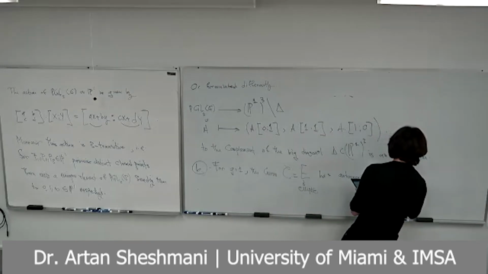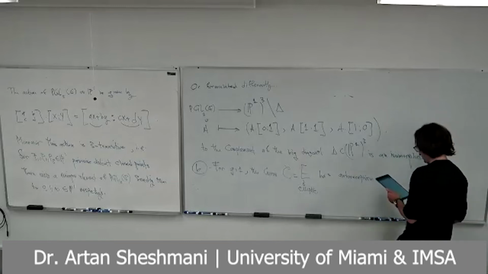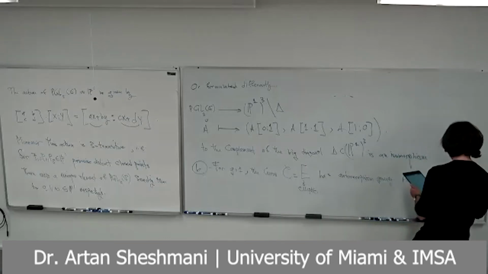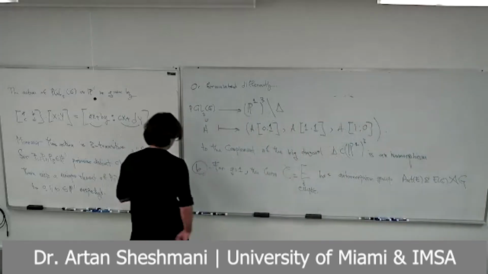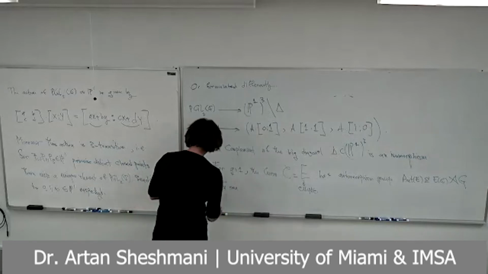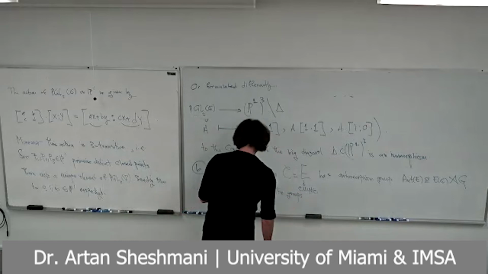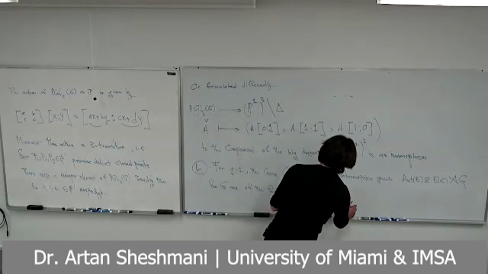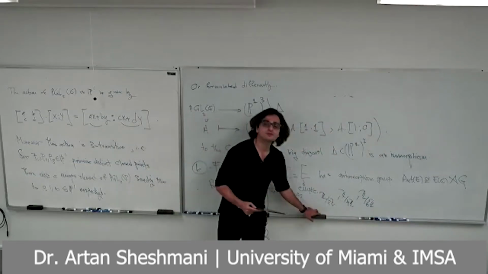Let me write it like this: the automorphism group of E is going to be isomorphic to E(C), I'm going to tell you what that means, semi-direct product G, where G is one of the finite groups Z mod 2Z, or Z mod 4Z, or Z mod 6Z. Cyclic groups of order 2, 4, 6.